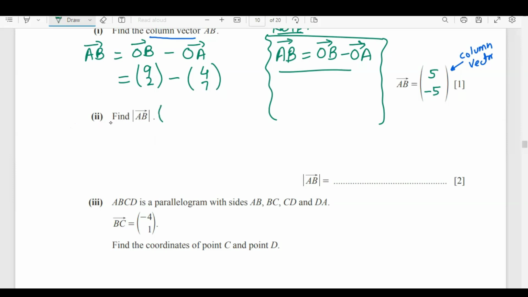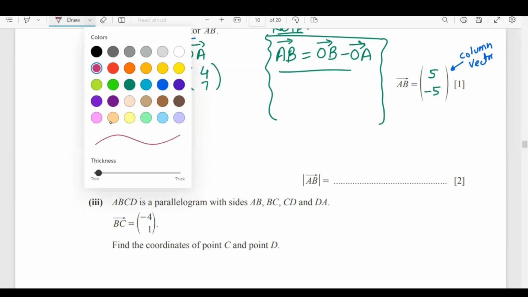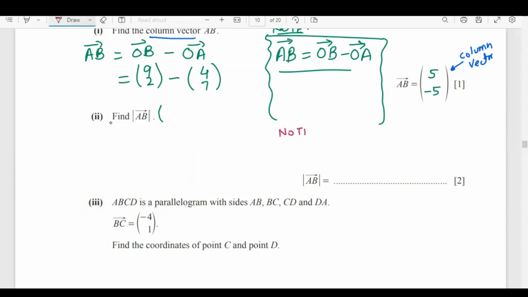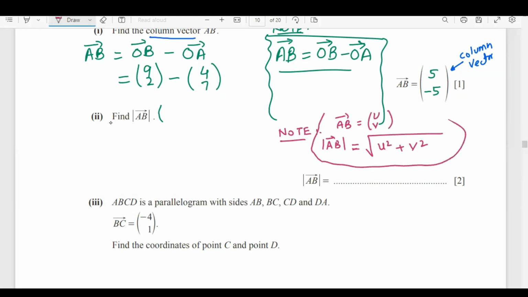There is another note here: the formula for the magnitude of AB is the square root of u squared plus v squared, where AB is (u, v). This is the formula for the magnitude or length of a vector.